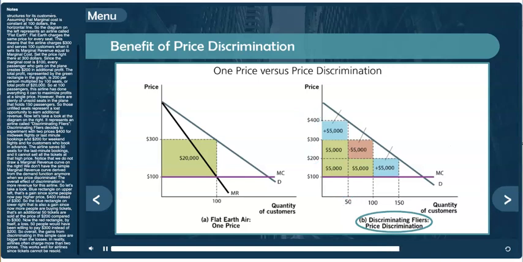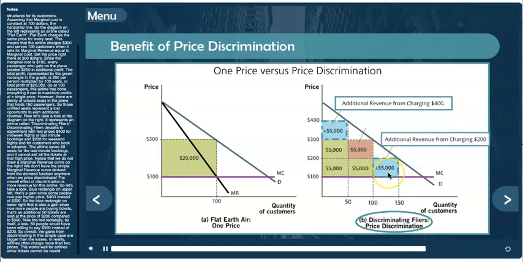The blue rectangle on the upper left, that's a gain since some people now pay a higher price, $400 instead of $300. The blue rectangle on the lower right, that's also a gain since now more people are buying tickets. That's an additional 50 tickets sold at the price of $200 compared to $300.